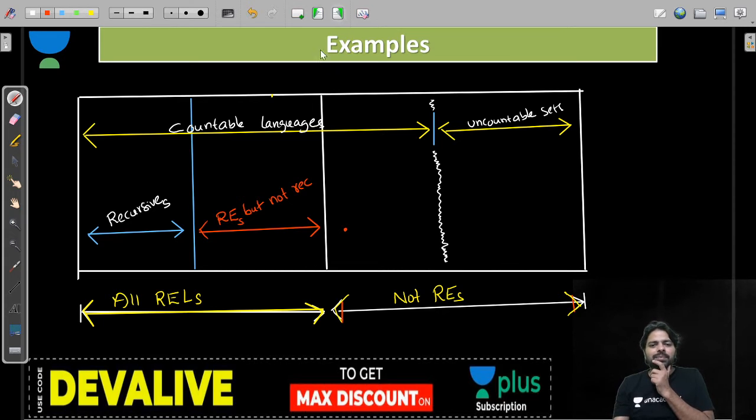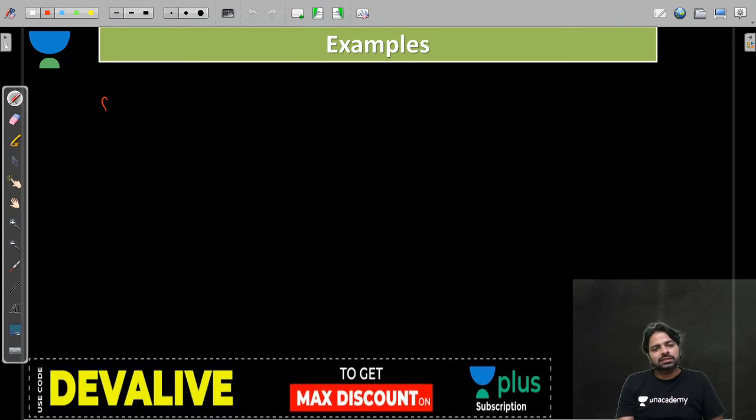Let me write one example separately. Suppose I am writing a set of Turing machines, the language of TM, where W is accepted by TM.